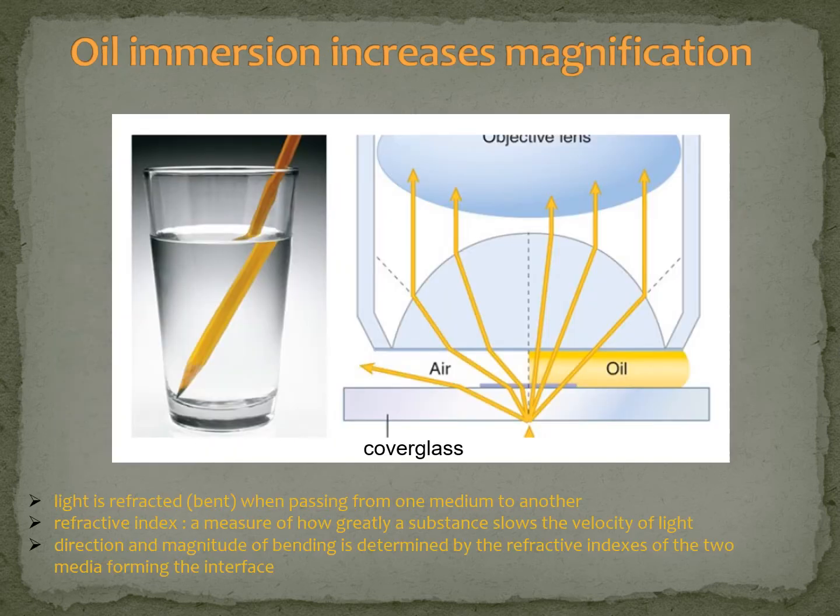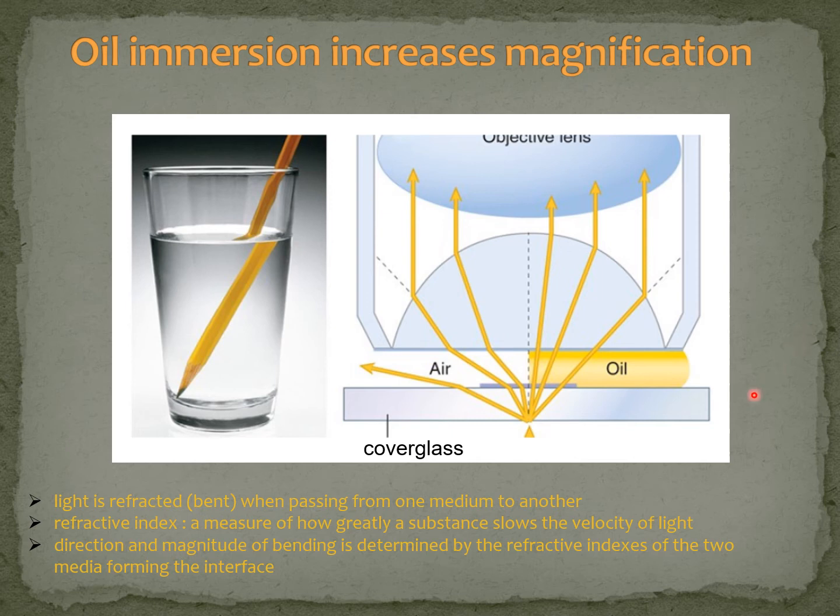So one way that we can use to try to minimize this effect is, you can see in this image again, where I'm just showing you again the refraction that light suffers when it passes from one medium to another medium.